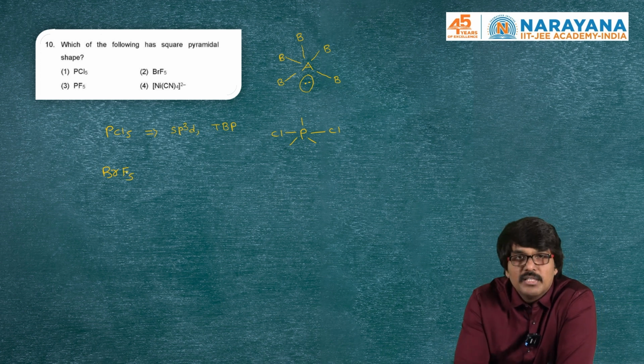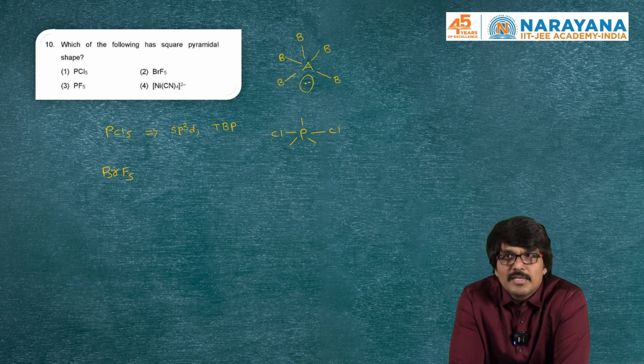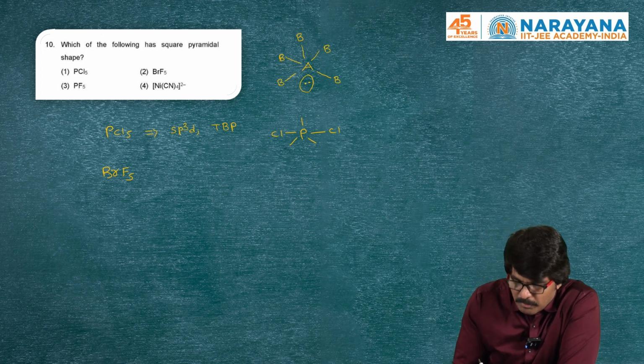BrF5. Bromine is the central atom. Its valence electrons are 7. According to the formula, 5 fluorines are surrounding. 5 electrons of bromine are utilized, which means there is 1 lone pair. So 5 sigma bonds and 1 lone pair.